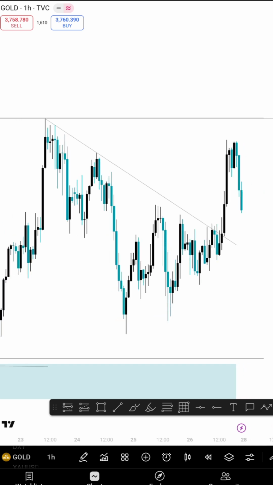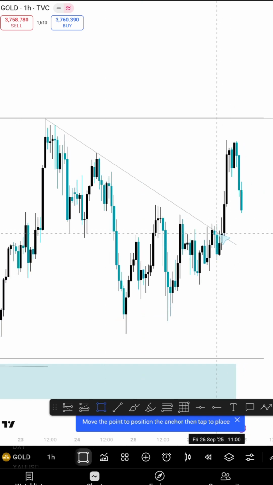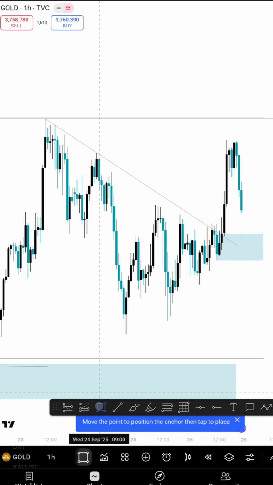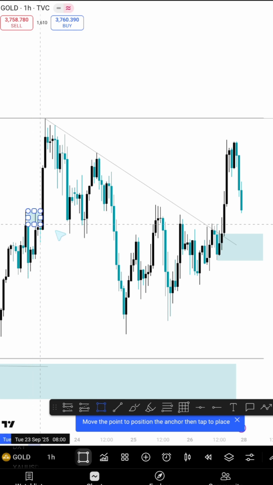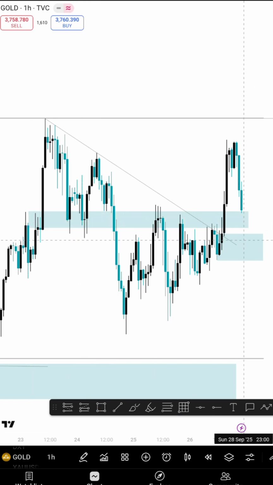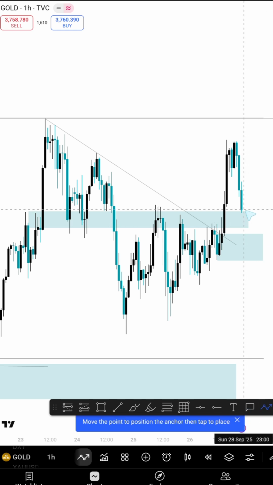Alright, so this trend line is still pending retest, and right there we have another block also overlapping with the trend line. And recall this was our former area of resistance that should now turn support. So this area could also hold to push us higher.